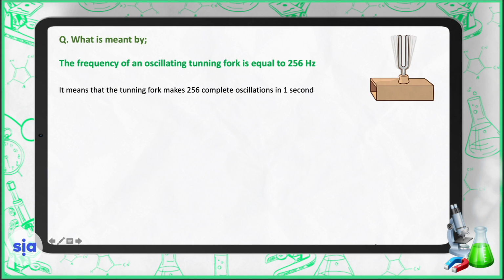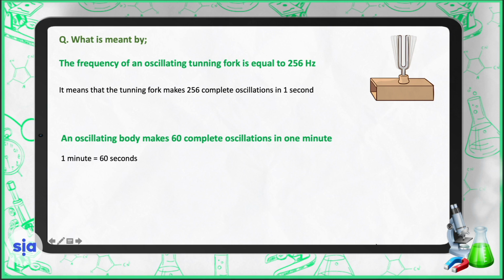This means that the tuning fork will make 256 complete oscillations in 1 second. An oscillating body makes 60 complete oscillations in 1 minute. Now we have to change 1 minute to 60 seconds, and then the frequency equals number of oscillations divided by the time, so 60 over 60, which is equal to 1 hertz.